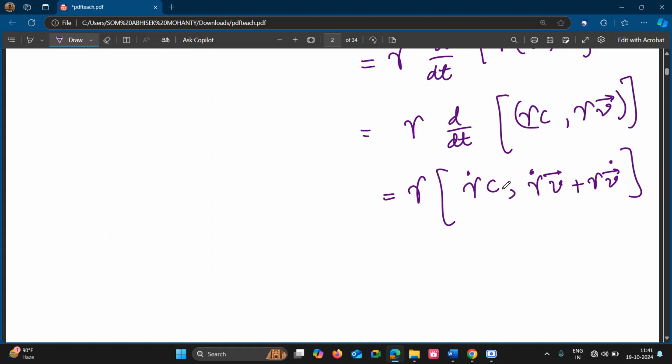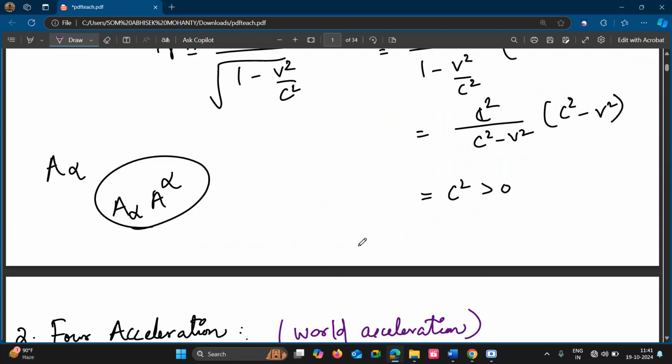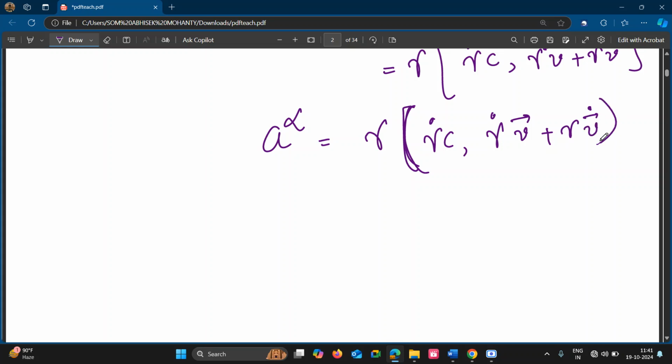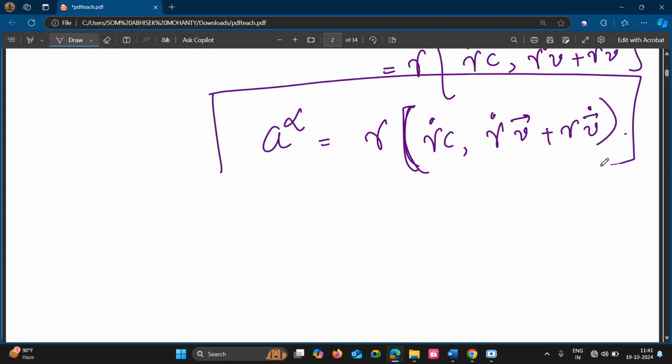So this is your acceleration 4 vector, or 4 acceleration vector. Gamma dot c, gamma dot v plus gamma v dot. This is a 4 acceleration. Okay, now let's calculate what is gamma dot.